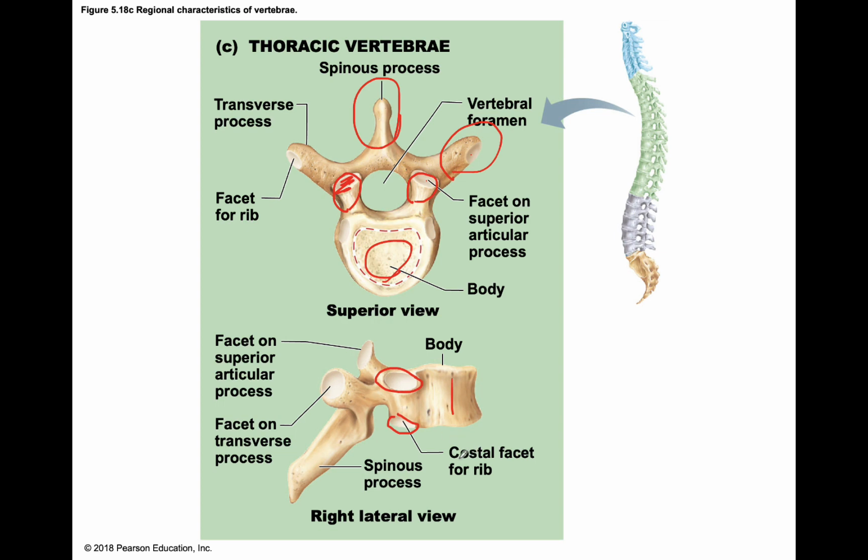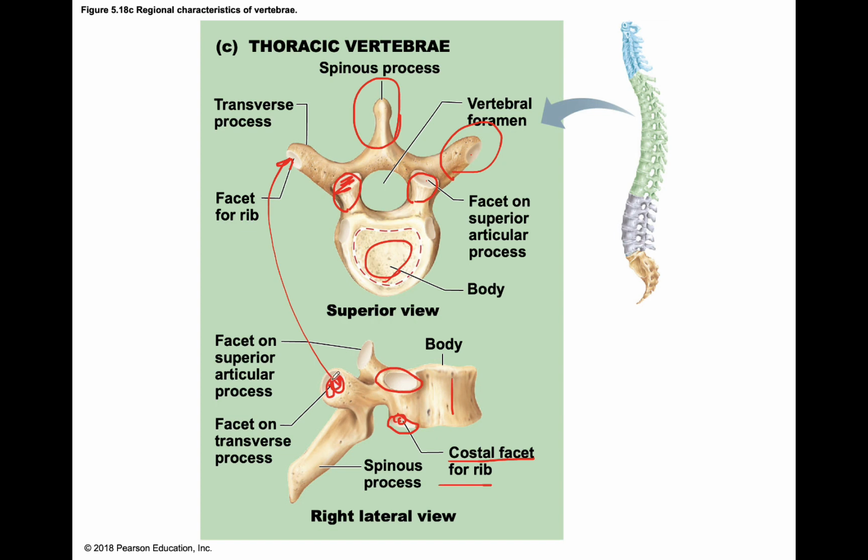They also call this the costal facet for the rib. Here is where your ribs combine to, and here is where your rib combines to, as it says right there. So this feature and this feature are the same, just different views. So here's a fact that you just learned.